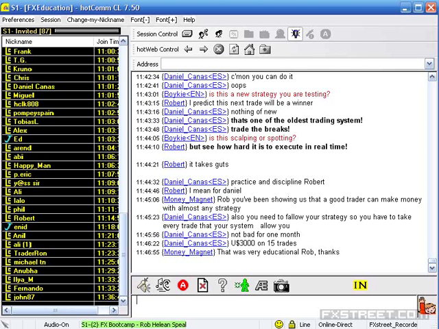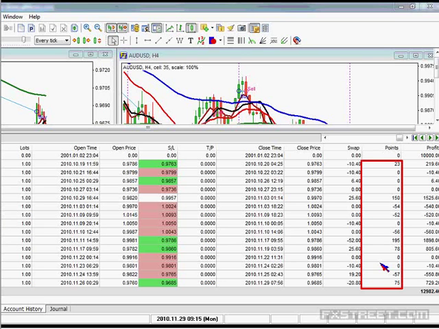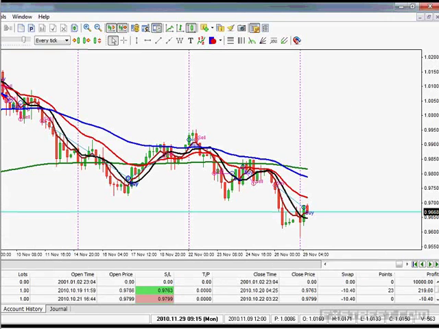Trying to make some solid pips. I don't think we actually got into anything of great momentum there either. I think it was pretty average trading conditions overall. You check out the 4-hour chart, we came down, but we basically traded a daily swing, a giant daily swing if you like, to the downside.